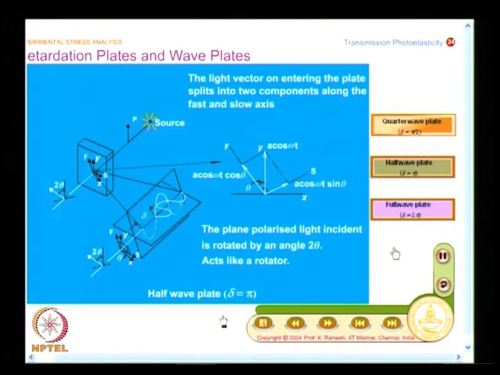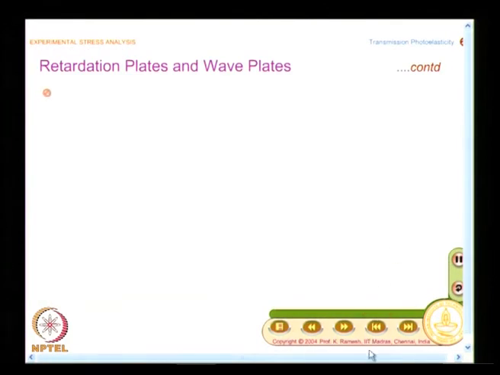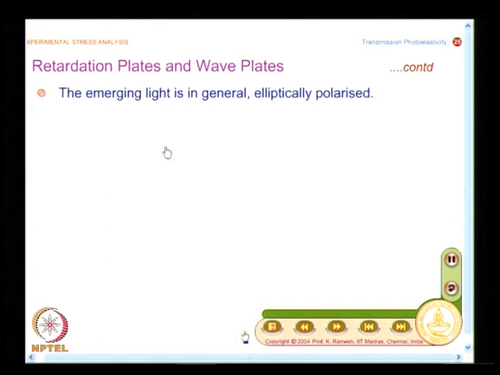And let us summarize, these concepts are also summarized in this slide. The first observation is when I have a crystal plate, even when I send a linearly polarized light impinging on the crystal plate, the emerging light is in general elliptically polarized. So, that is the general observation number 1.